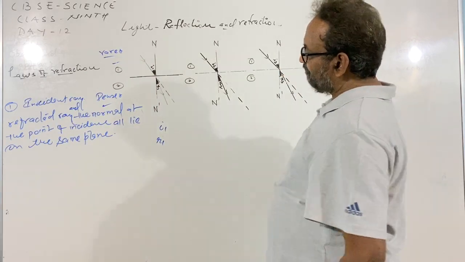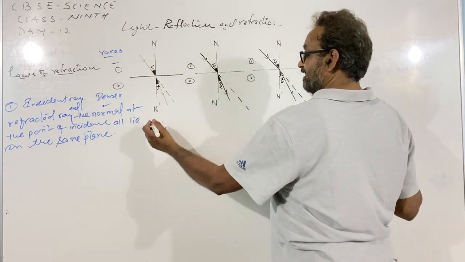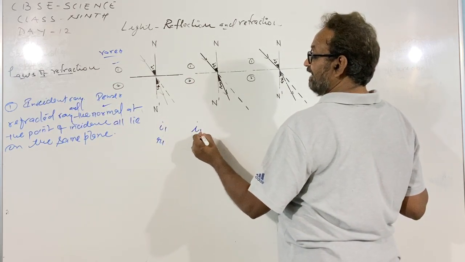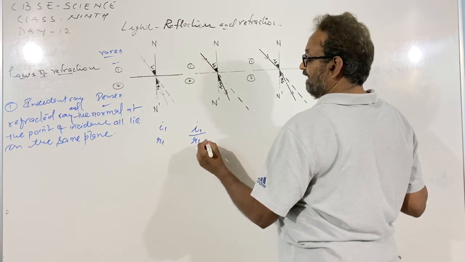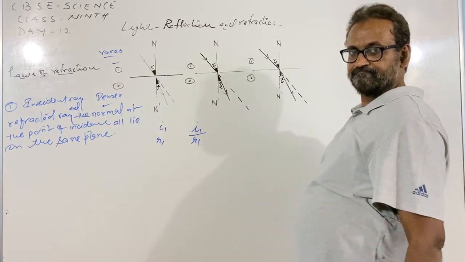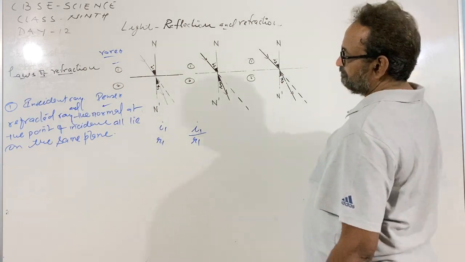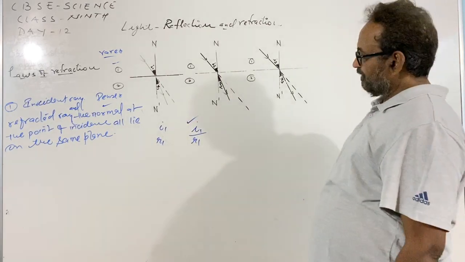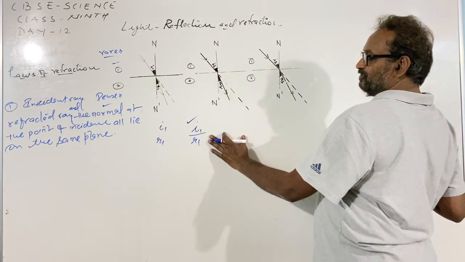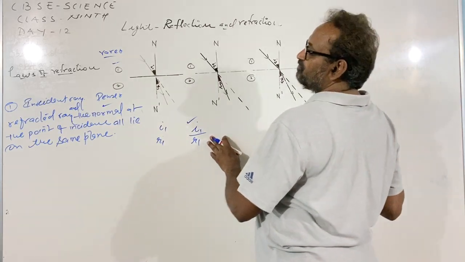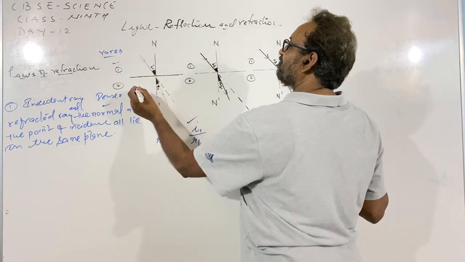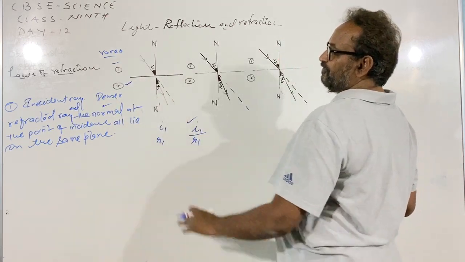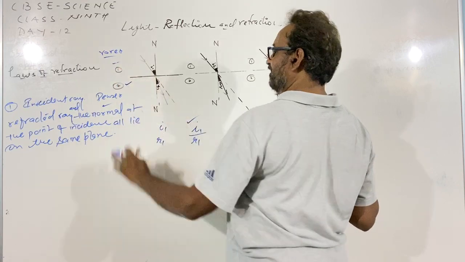So, ratio of angle of incidence to the angle of refraction, that is I1 over R1. This ratio is known as refractive index of the second medium with respect to first medium.